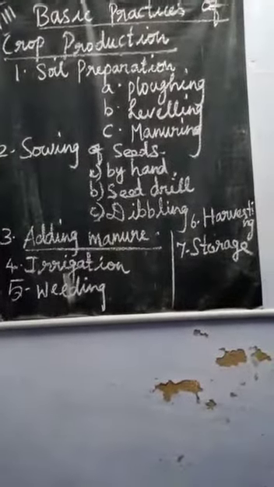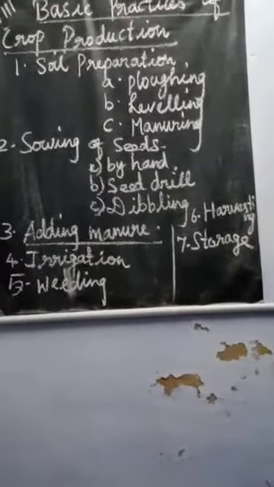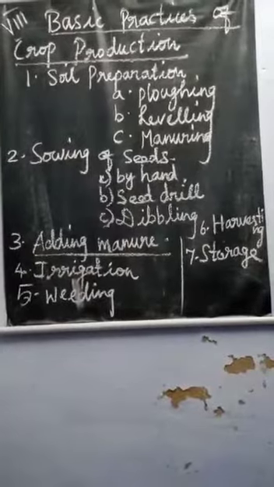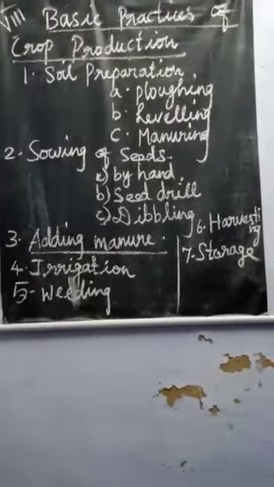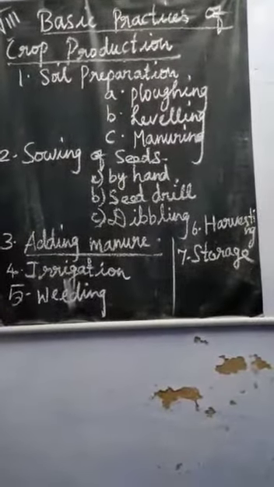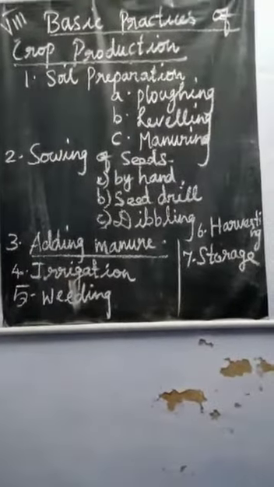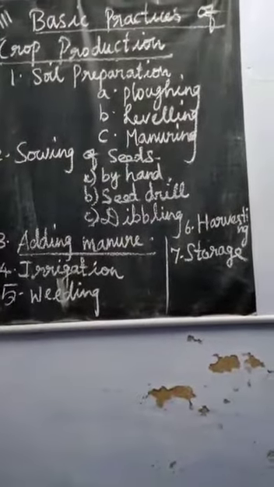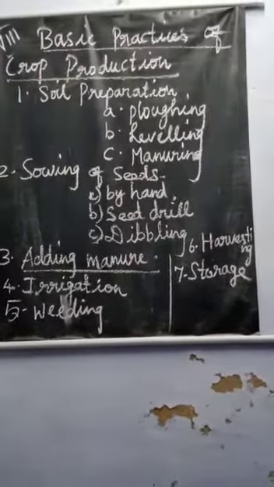In manual harvesting we harvest the crops without using any tools. Mechanical harvesting means we use some instruments for harvesting the crop. In India we use manual harvesting only.